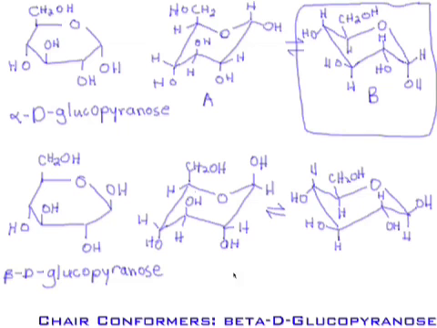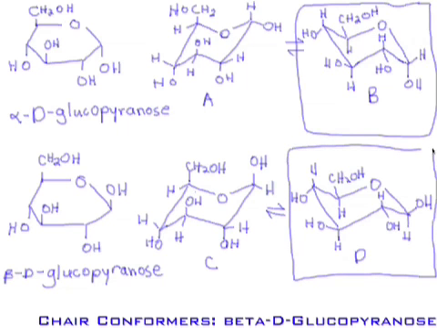Okay, so we now have structures C and D. Now, which of the two conformers, C or D, is major? Well, if I look at structure C, all of the large groups, OHs and CH2OHs, are axial, and in D, they're all equatorial. Having the large groups equatorial is energetically more favorable because it's less repulsive. So the most stable chair conformer for beta-D-glucopyranose is structure D.